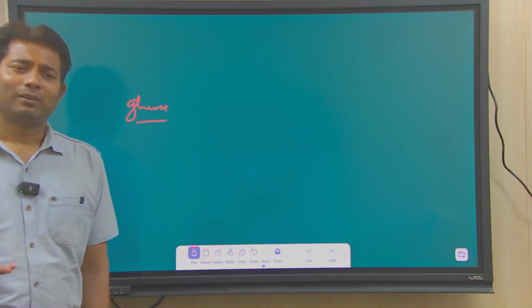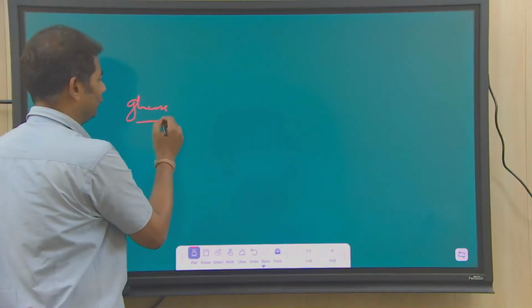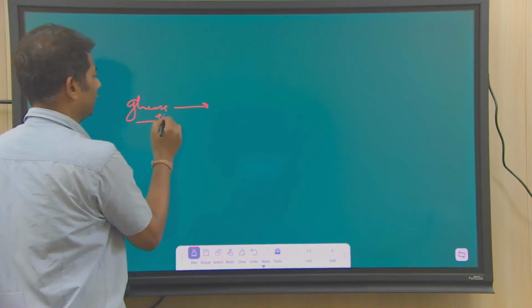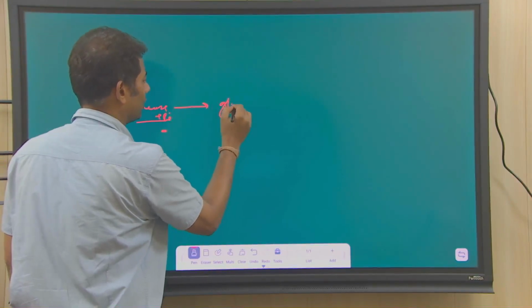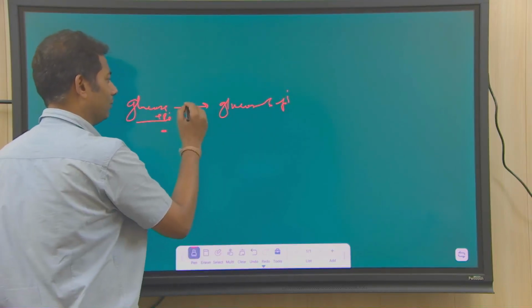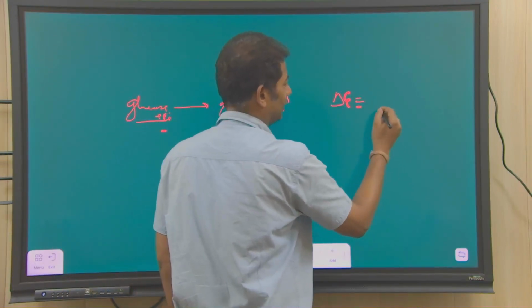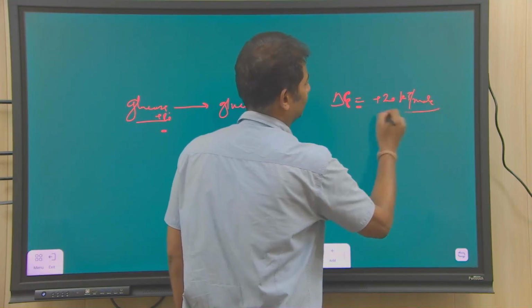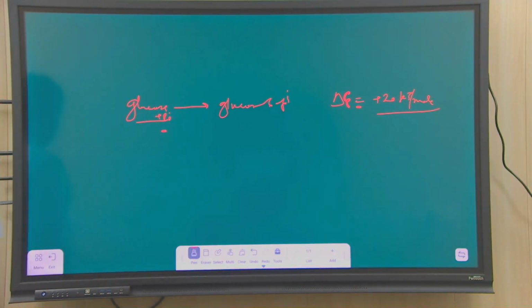The first chemical reaction of glucose catabolism, glucose plus phosphate to glucose 6-phosphate, is a non-spontaneous reaction because the delta G is plus 20 kilojoule per mole. This is not feasible. So that's why glucose catabolism cannot take place on its own. So what does the cell do to catabolize glucose?